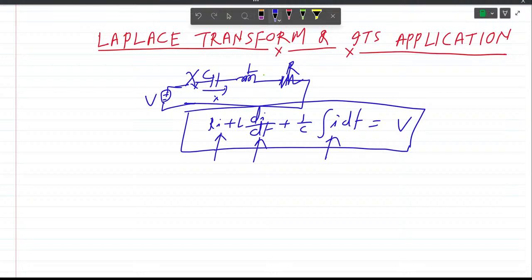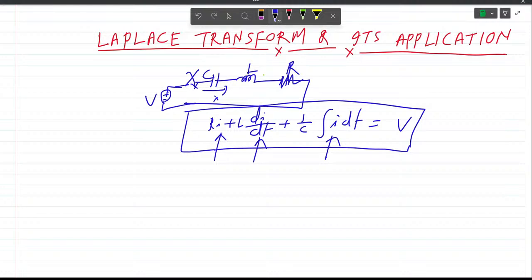We apply the transform for each element, or you can also say that in a single go we transform the integral differential equation into an algebraic equation. You know that it is very easy to manipulate algebraic equations.